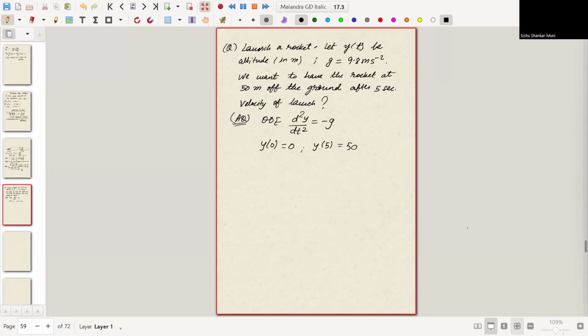Yes? So then it is asking what is the velocity of the launch. Launch means at time t equals 0. Velocity means the derivative of y. So it is asking us what is y prime of 0. You can frame this question up, right? You can see how these are getting connected now.